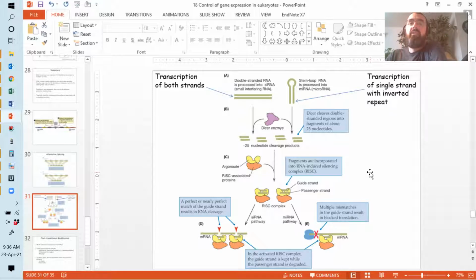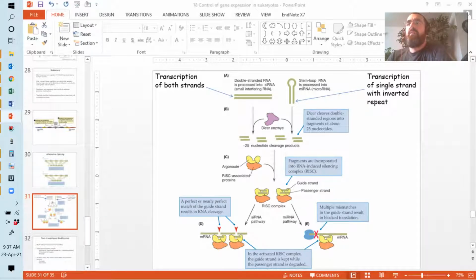That's the overall outcome that we're after. And the way we do that is we produce small non-coding RNAs. So these are not coding mRNAs, they're non-coding RNAs.